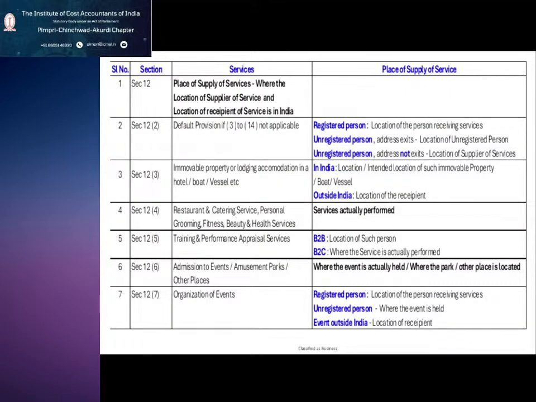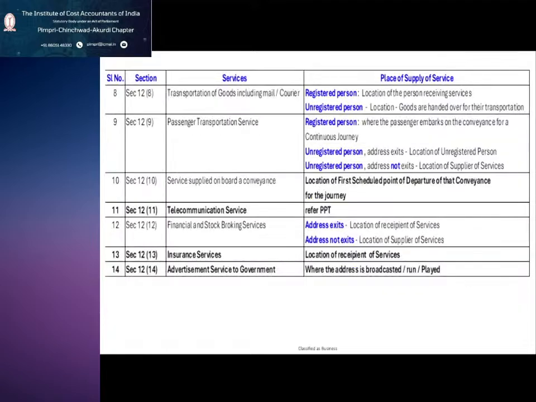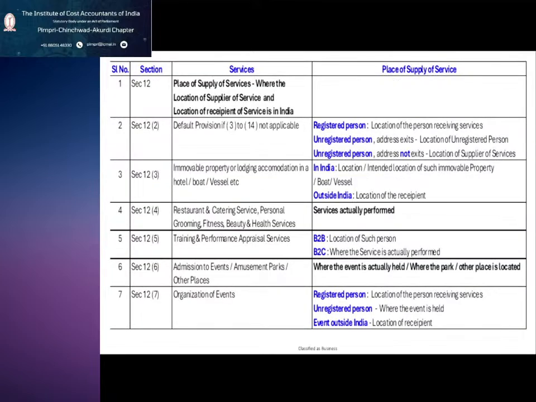In section 12 we have many subsections, from subsection 2 till subsection 14. Subsection 2 is the default provision. If we are not able to identify the place of supply under subsections 3 to 14, then we should go with what subsection 2 says.